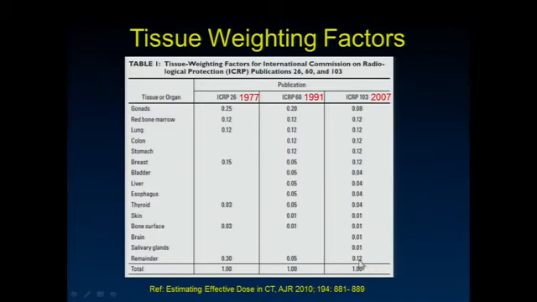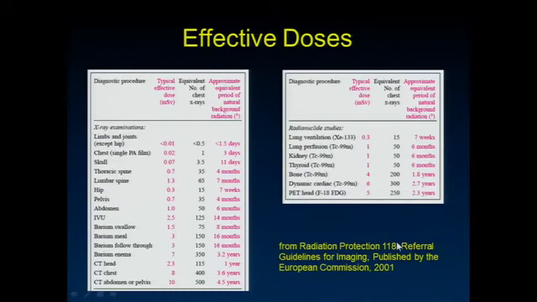And that's what these weighting factors are trying to accomplish. Now, the fact that these numbers have changed, and changed as drastically as they have in some instances, ought to give you an idea that this is at best an approximation, this notion of the effective dose.